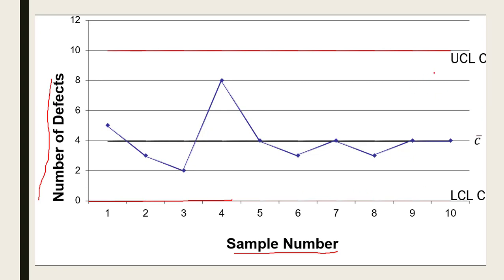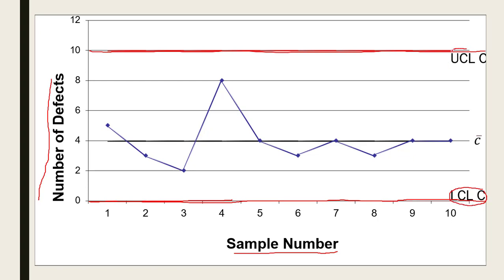Now the upper control limit is 10, so we draw one horizontal line for the upper control limit at 10, and the lower control limit is 0, so we draw a line passing through 0, that is the line of the lower control limit of the C chart.